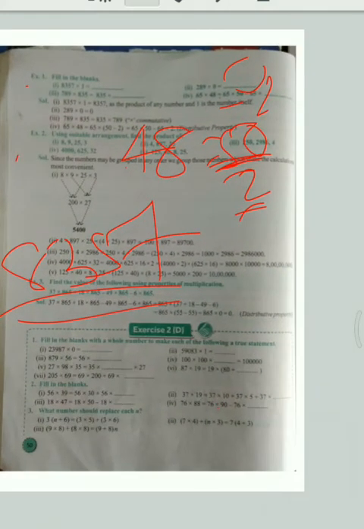Because it is multiplied by distributive properties, it will multiply with these two things. That's why the first one is 50 and the second one is 2. Got it? Now your related question is here, exercise 2D, question numbers 1, 2 and 3. We will discuss together, but 1 and 2 you must do.